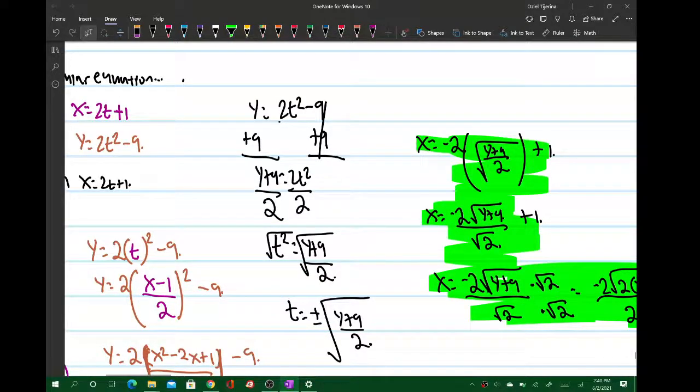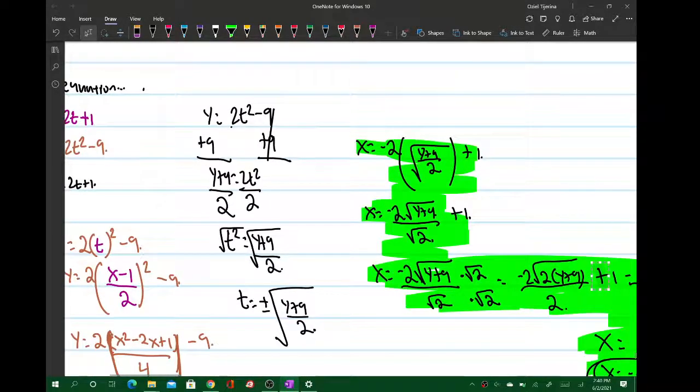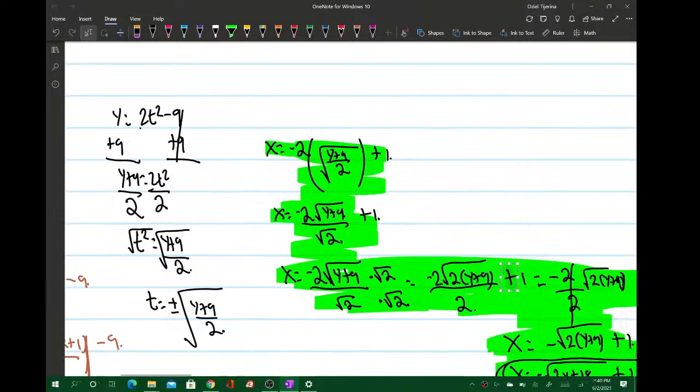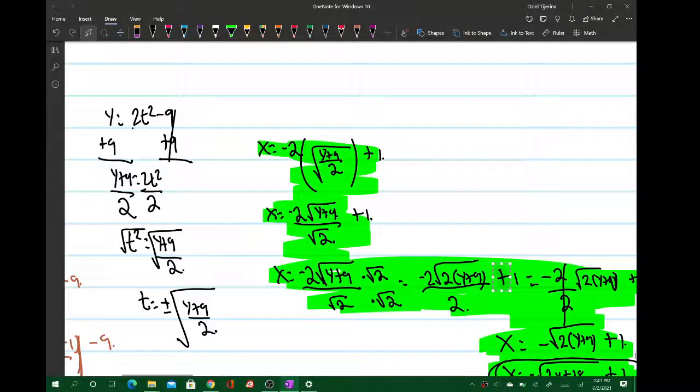However, one of the things to remember when you take the square root is to use both the positive and negative square root, so that when you plug that in for x, you're not only plugging in the positive square root, but also the negative. So I did negative 2 times the square root of y plus 9 all over 2.